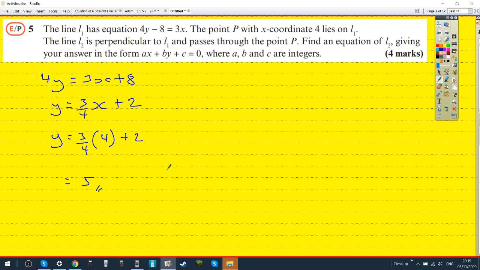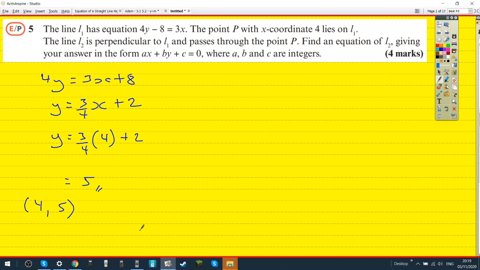Okay, what's next? So 5 is the y coordinate when x is 4. So when x is 4, y is 5. Now do we just use the same equation, y equals 3 over 4x plus 2, but substitute 4 and 5 in?